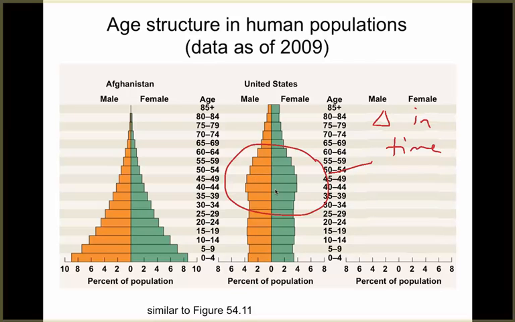So when one sees changes like this, then one knows there has been some sort of change over the years that has caused this. So this is an indication of what? The baby boom, right? There was a disproportionately large number of young born right after World War II, and we see this as a bulge in the population at this particular age structure.